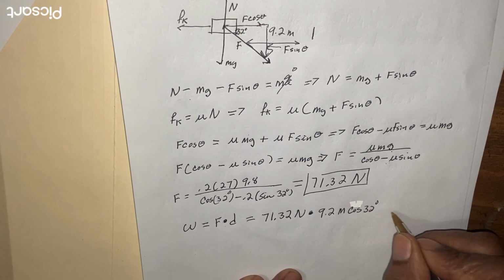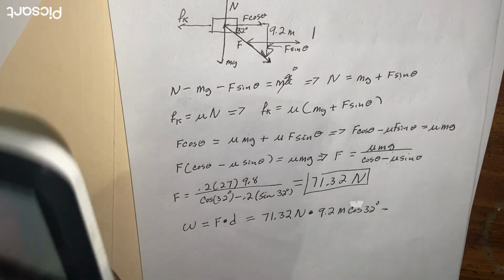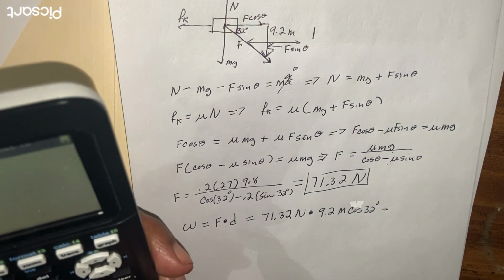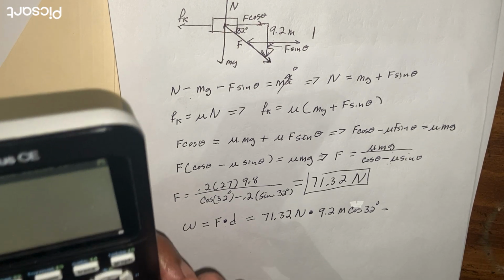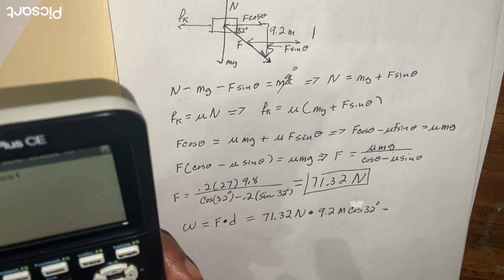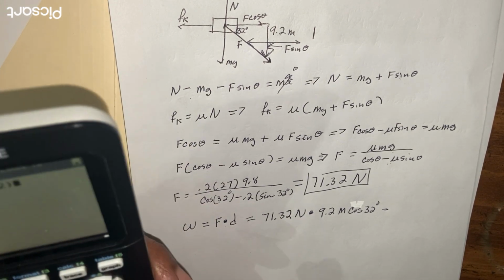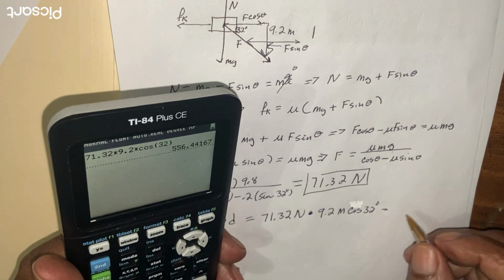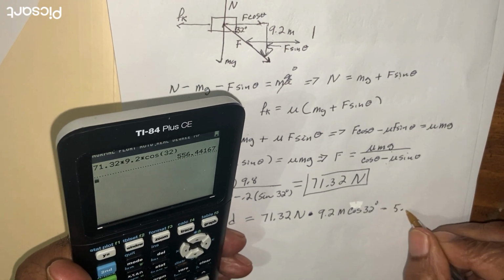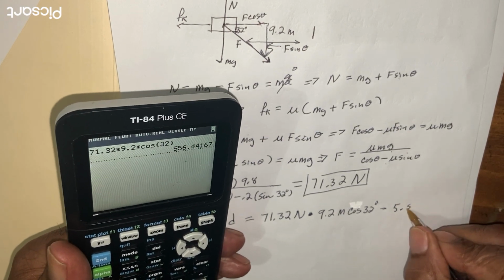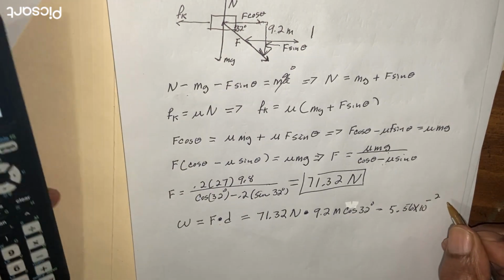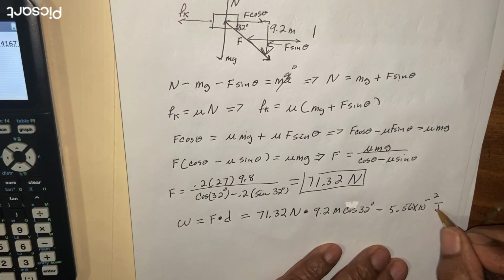So let's do that: 71.32 times 9.2 times the cosine of 32. And we get 5.56 times 10 to the minus 2 joules of work.